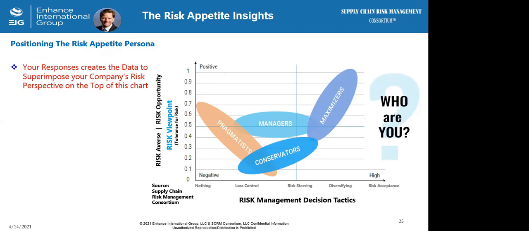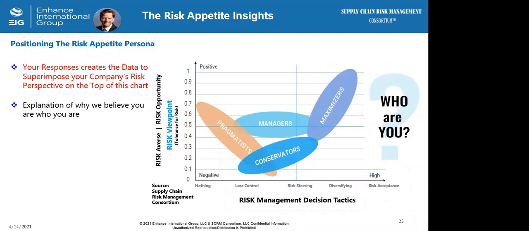And sometimes, quite honestly, just getting this cross-functional team in a room together and getting them to talk to each other is a challenge. But as we said, the responses create the data in the survey. We have those different personas across the organization entering in their responses.